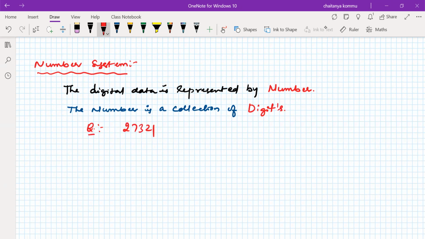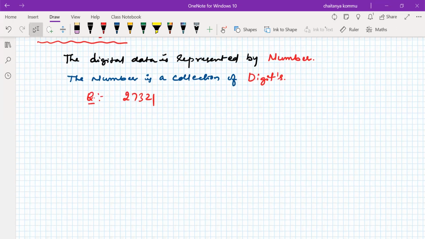Depending upon how many digits you are using, a number system is established. A number system is established based on how many digits you are using for your counting purpose. I'll write one point here.